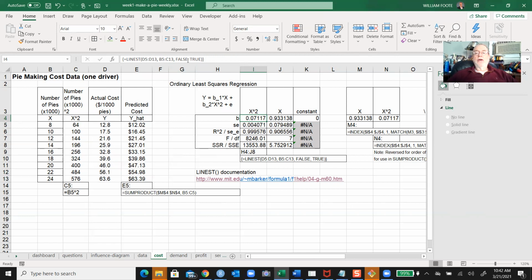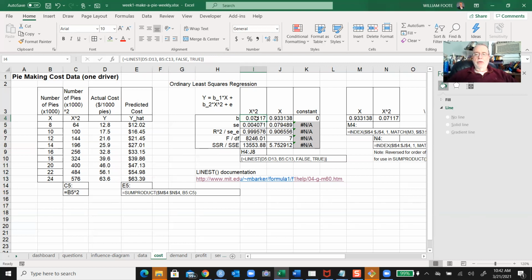It's then saying false to something. Well, the false is the constant is 0. It's set aside. And it's saying true to something else. True to something else is show all of the regression statistics that are available. Of course, you have to know what those are.